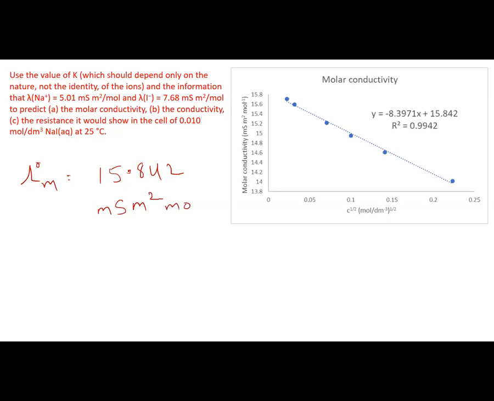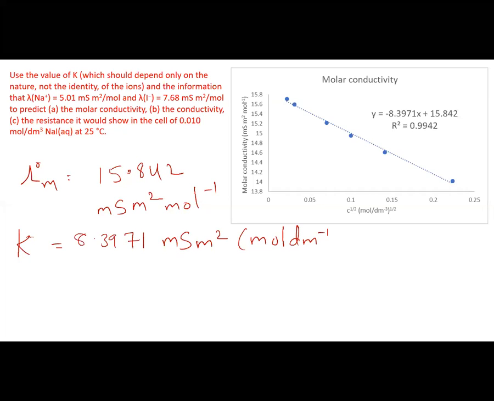It's millisiemens meter square per mole, and the constant K is equal to 8.3971 millisiemens meter square per mole, times mole per dm cube, the whole term to the power of 3 halves. These are the units. So this is the first part. We need to figure out the other parts as well.